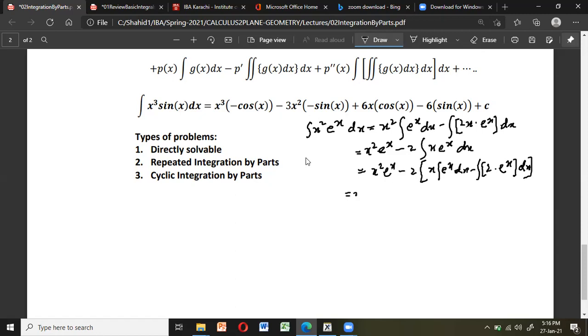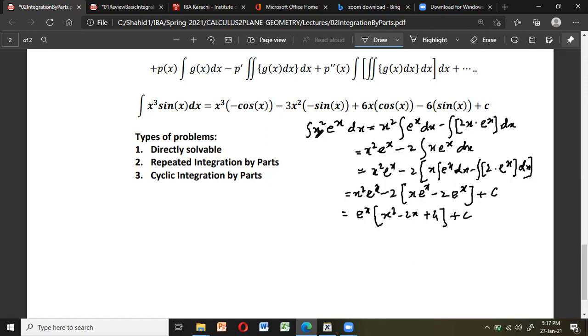So the end result is x squared e power x minus 2 times x e power x minus 2 comes out, e power x, integral e power x, plus c. And finally, we have e power x common throughout in the functional part of the result: x squared minus 2x from here plus 4, plus c.